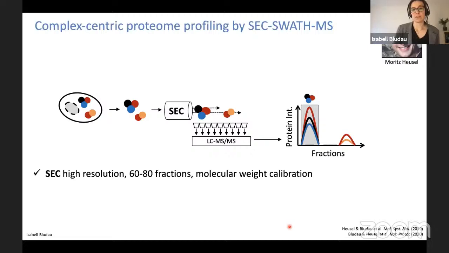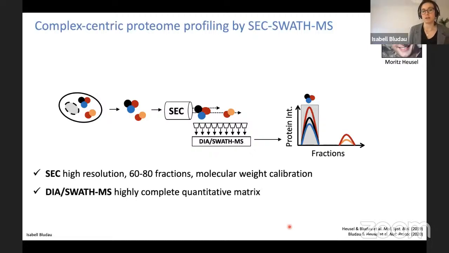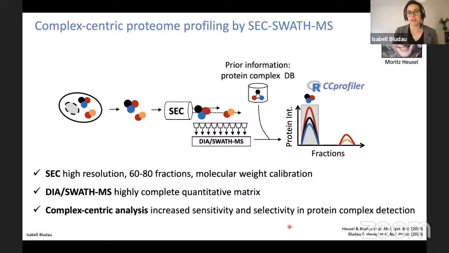We then perform bottom-up proteomics by DIA mass spectrometry to get a highly complete quantitative matrix. And then finally, we play the trick of using the complex-centric analysis strategy, where we use prior information from a complex database to specifically target the complexes in this database in our data.